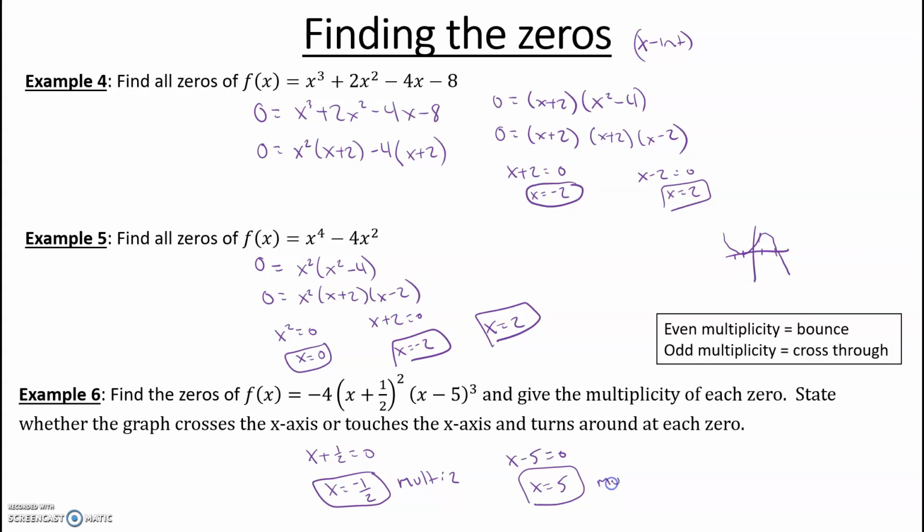And our multiplicity is 3 times. So notice what's going to happen here. It says state whether it crosses or basically bounces, touches the x-axis and turns around. So even, right, this is going to be a bounce. It's going to hit it and go the other direction. And odd, this is going to cross. That's going to cross that x-axis. Moving on.